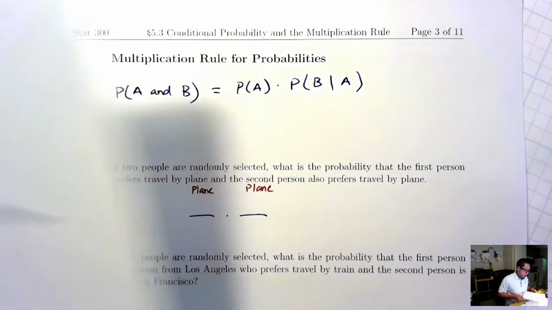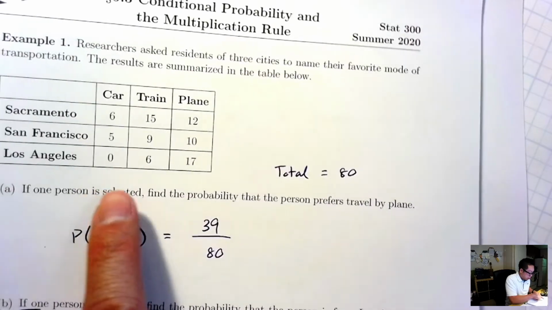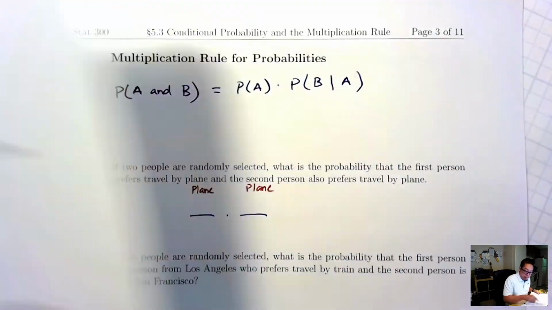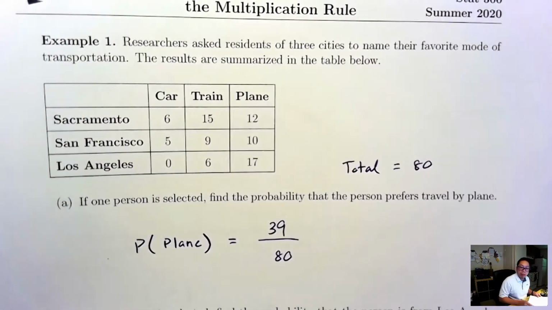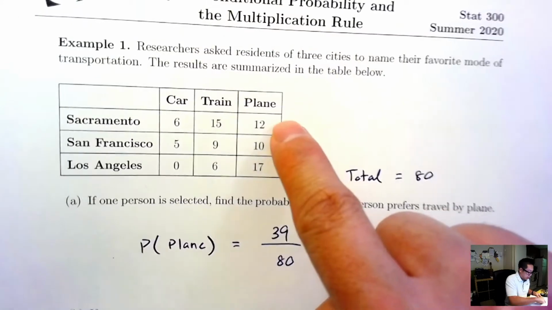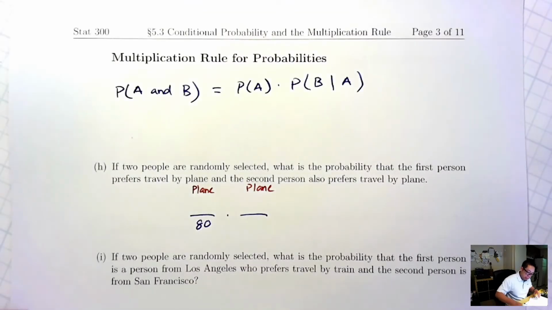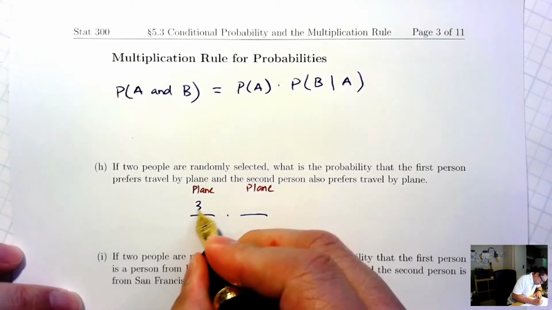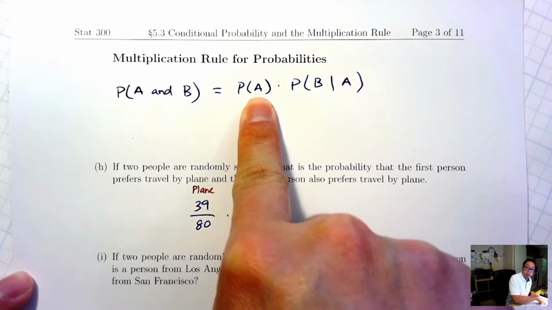The bottom is going to be the total of everybody, which is 80. And how many people prefer travel by plane? 12, 10, 17. That's 39. That takes care of probability of A.